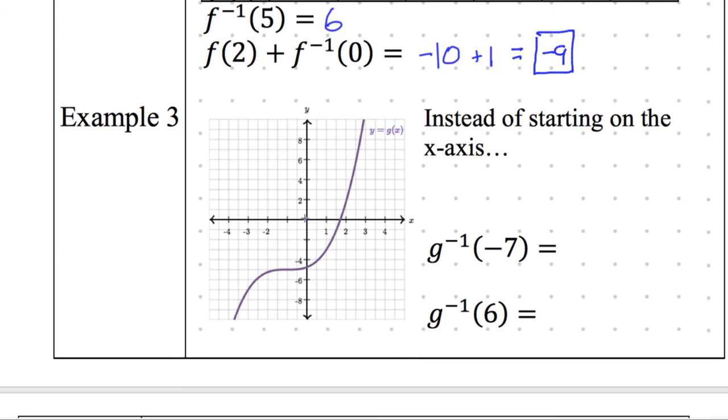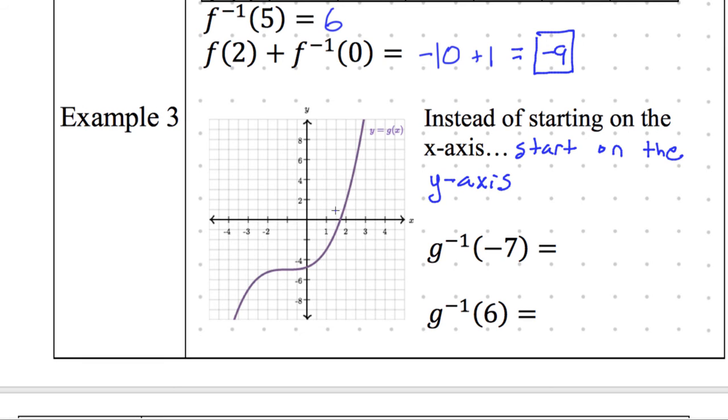So if I come out to -1, I come down to -5. That's the order of operations. First x, then y. Now it's backwards. First y, then x. So instead of starting on the x-axis, start on the y-axis.